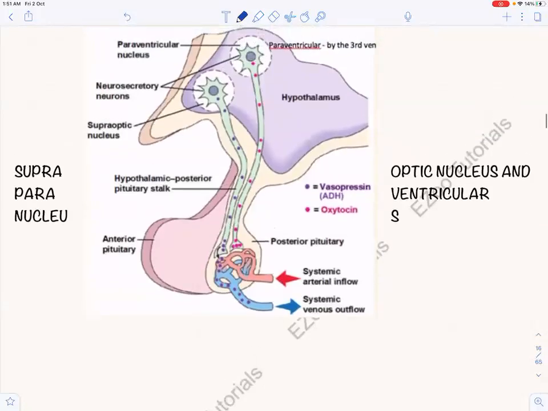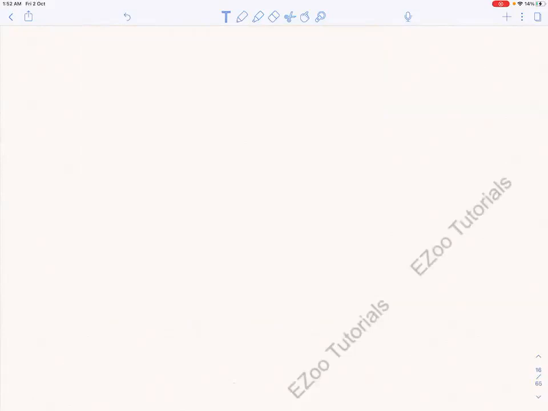Now if we try to draw the structure where there was the hypothalamus, and then we actually inflate the structure, this is something that you should know how to draw, right? And there is this pituitary gland hanging.